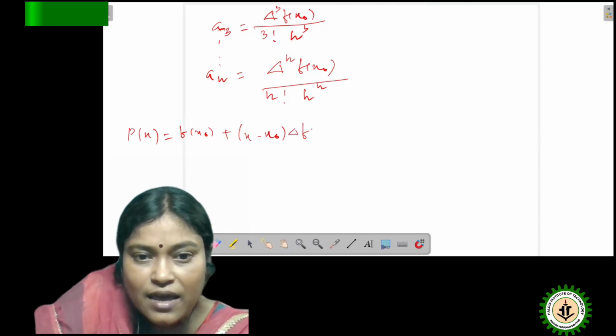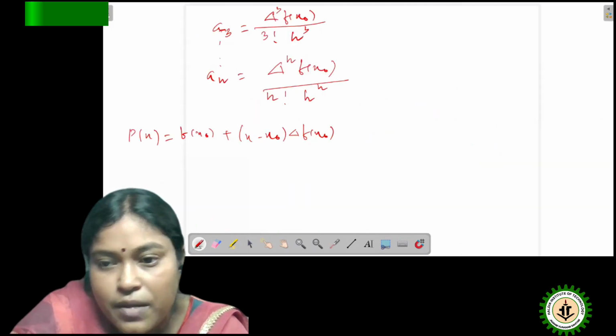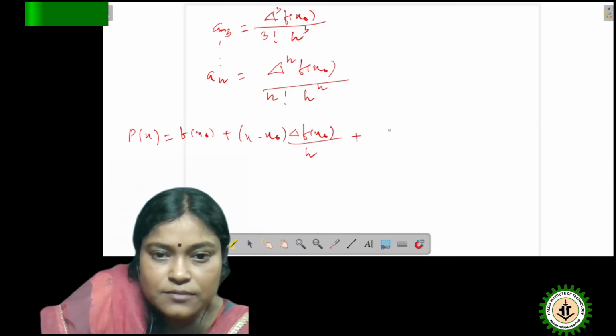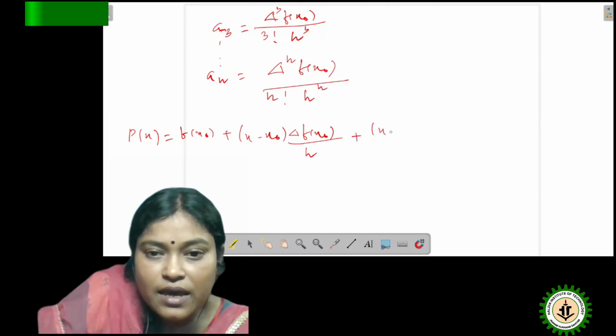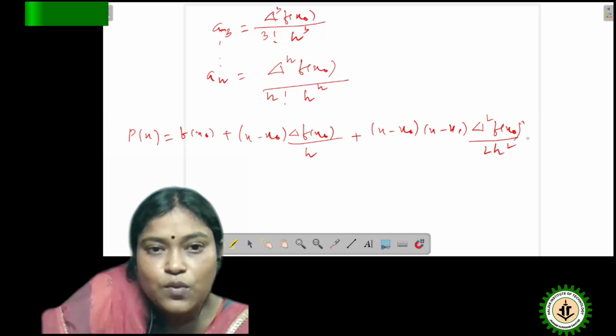A1 is delta f of x naught by h. Plus, next I have x minus x naught into x minus x1 into a2. And what is your a2? A2 is delta square f of x naught by 2 into h square.